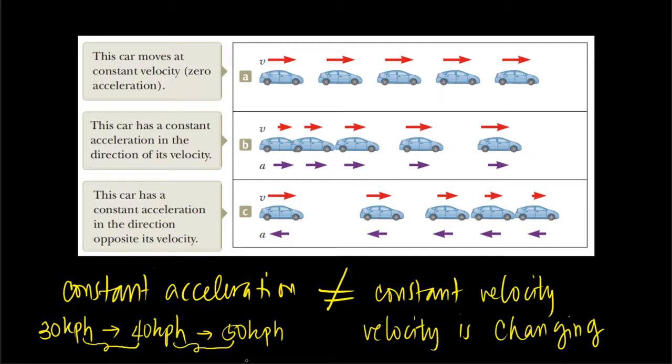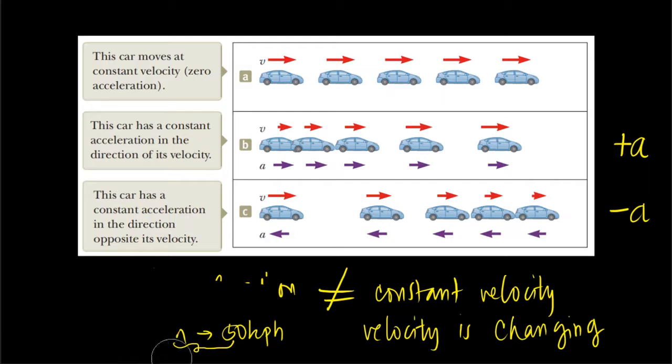If your acceleration is according to its velocity sa imong object, so positive na siya nga acceleration. There are also instances wherein ang aton nga acceleration is opposite the velocity. So with that, negative naman na iya nga acceleration. So diri positive acceleration, diri negative acceleration. Okay.